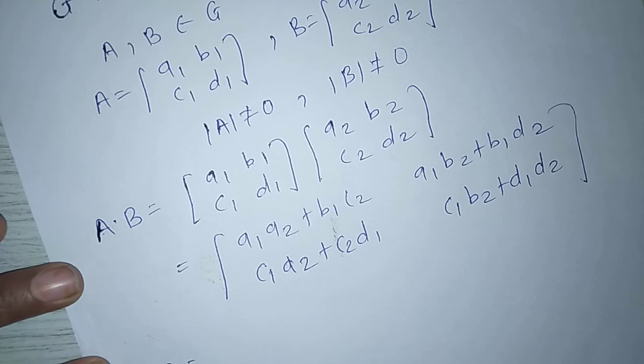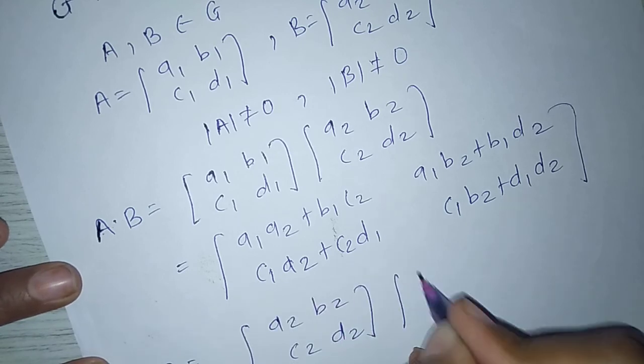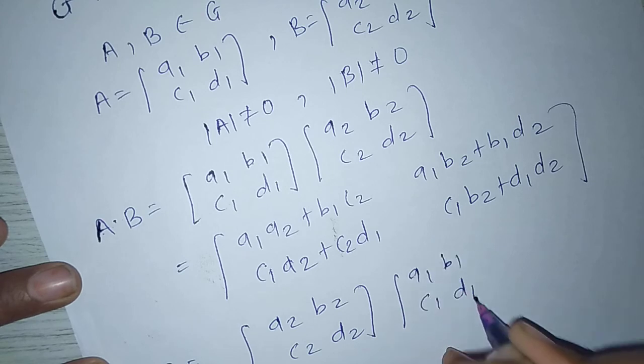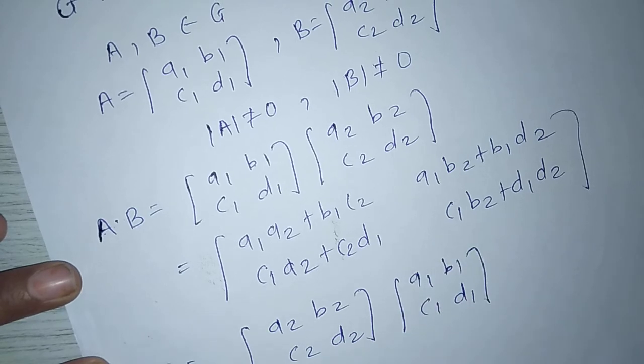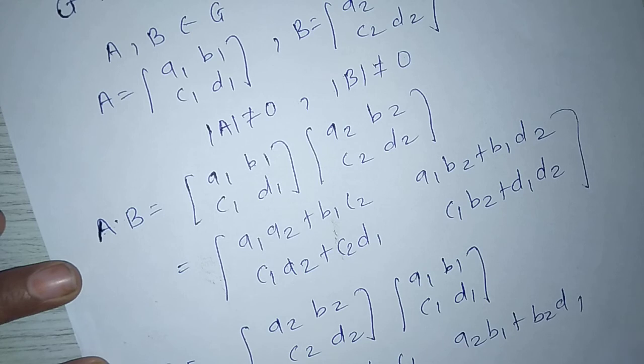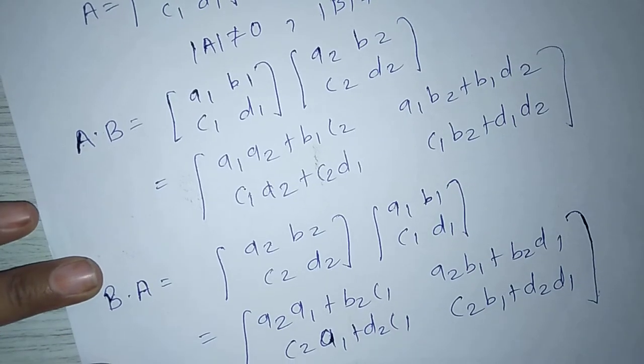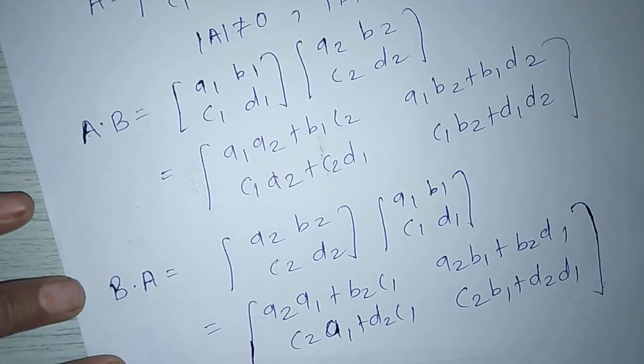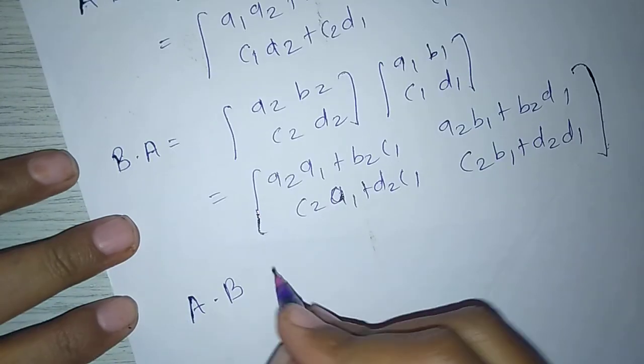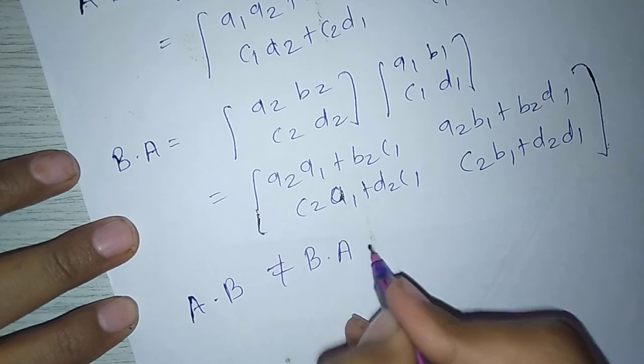Now B into A = [a2 b2; c2 d2] into [a1 b1; c1 d1] = [a2a1 + b2c1, a2b1 + b2d1; c2a1 + d2c1, c2b1 + d2d1]. Here we can see that AB is not equal to BA.